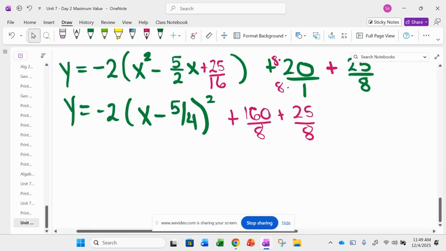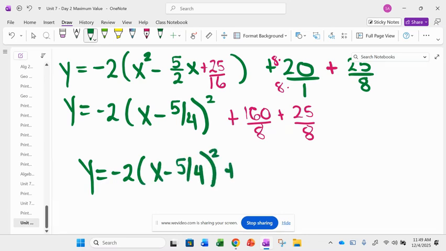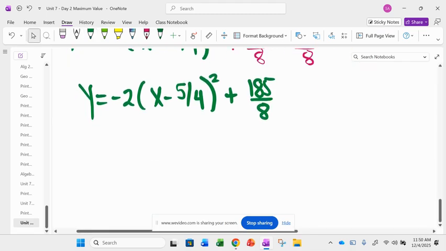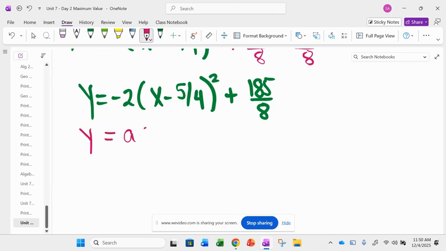All right, so now we're going to have y is equal to -2 times the quantity of x minus 5/4 squared plus 185/8. All right, is this a max or a min? Max, because the a is negative. Is this a good vertex form for us? Yes, it absolutely is. What is the vertex?